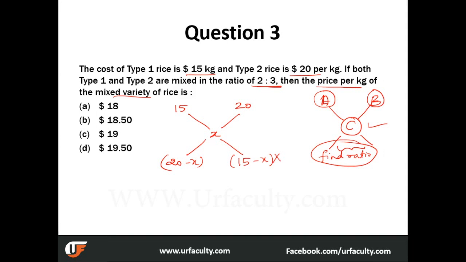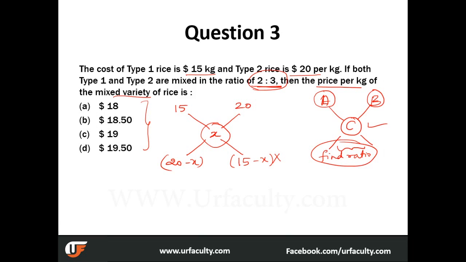No. Why is that so? We know that the value of this particular product has to be somewhere in between 15 and 20, right? Because they are being mixed in the ratio of 2:3. That's number one. And you can also look at the answers. You will get an indication that the value is somewhere between 15 and 20.